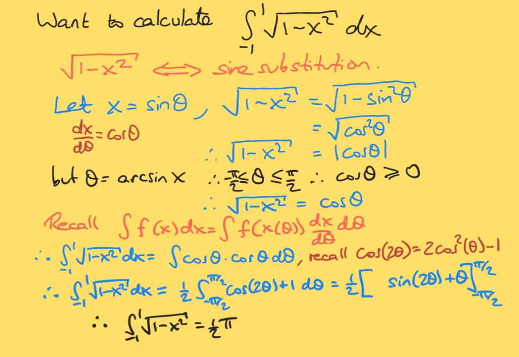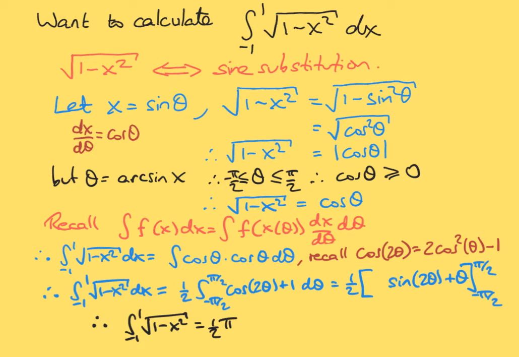The square root of 1 minus x squared just becomes cos theta. And then we insert by hand dx d theta, and I've written that here already. x is sine theta, so dx d theta is cos theta. So for our integral, we have cos theta from here and cos theta from here, so cos squared theta.